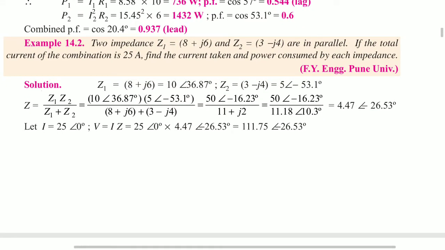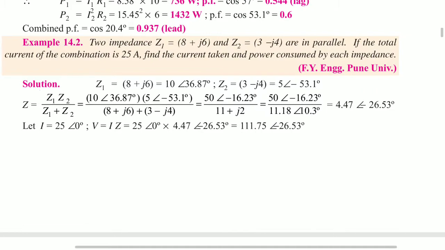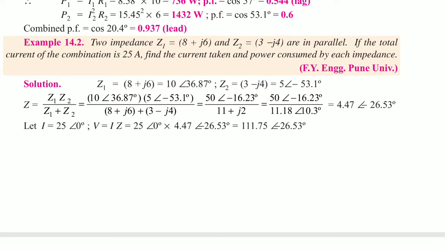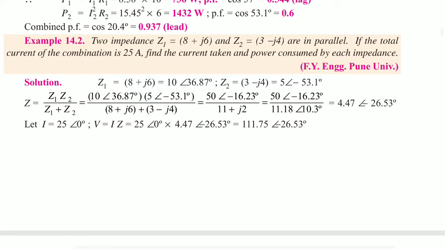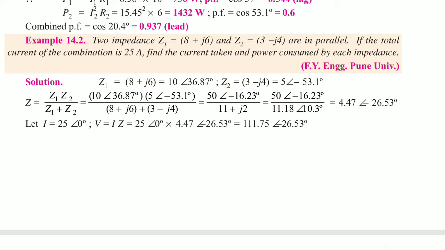These two impedances Z1 and Z2 are connected in parallel. If the total current of the combination is 25 amps, find the current taken and power consumed by each impedance.